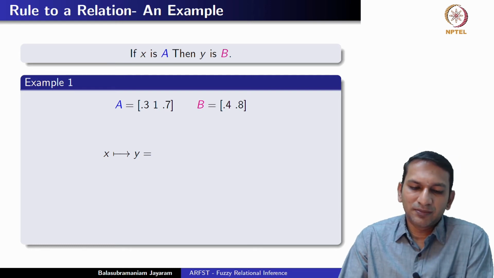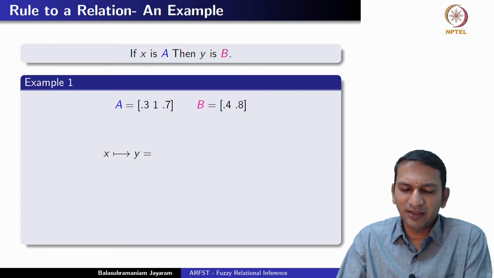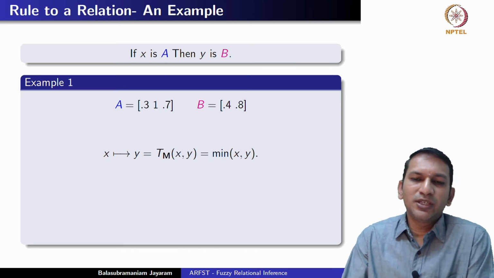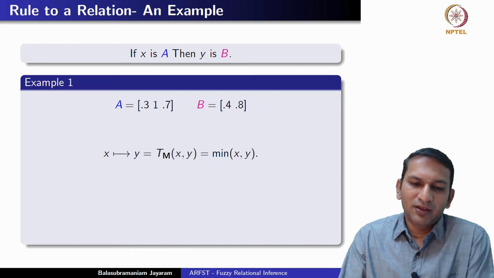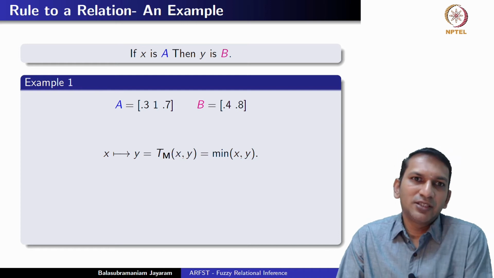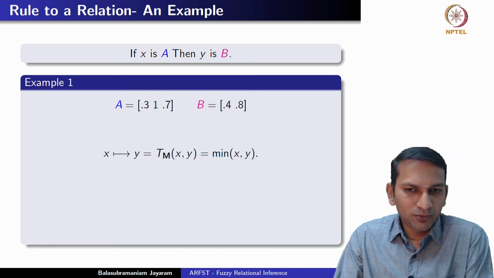So let's use this symbol to relate these two fuzzy propositions, the antecedent and the consequent. For the moment, let's assume that we are using simply the T-norm. Of course, that means you would have to assume that what is being captured by this rule is conjunctive in nature. That means it's giving you positive examples. Let's not worry about the interpretation for the moment.